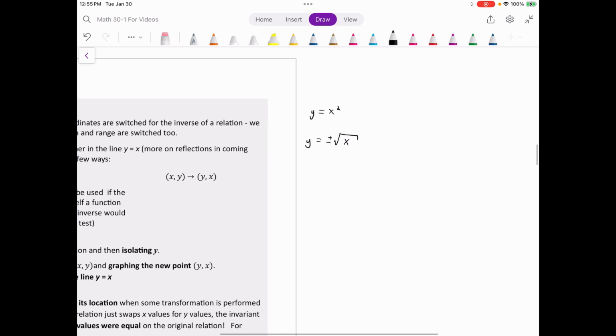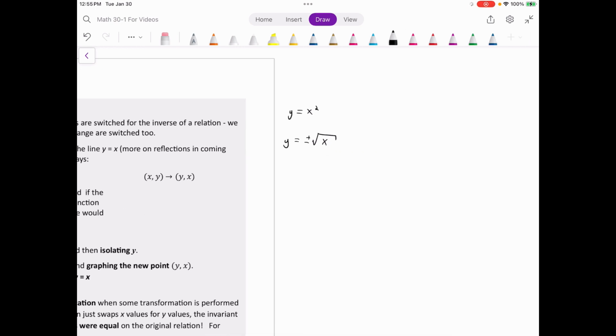Just for an example, let's say I put 2 into this function. If I put 2 into x squared, I get 4, right? What the inverse of the function can do is take the outputs of this and undo whatever this function did and get us back to our original input. So sure enough, if I do y equals plus or minus square root of 4, take the output of that and put it into this function and it should undo it.